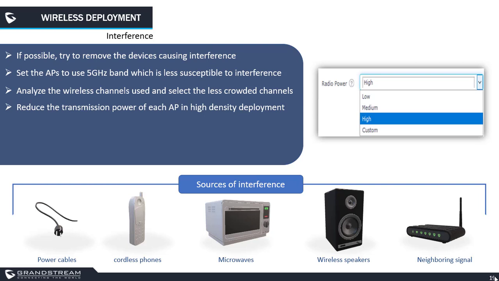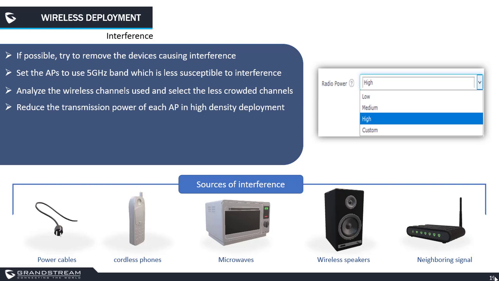Sometimes you go to a place, you can detect that there are SSIDs, but when you connect, you don't have enough signal or enough bandwidth. So in this case, you have high radio power with a weak signal strength.